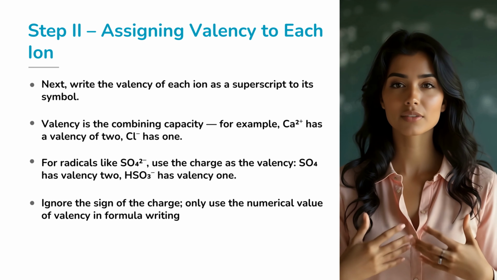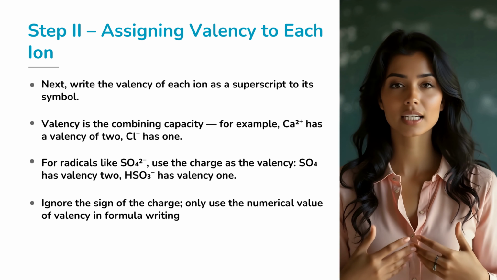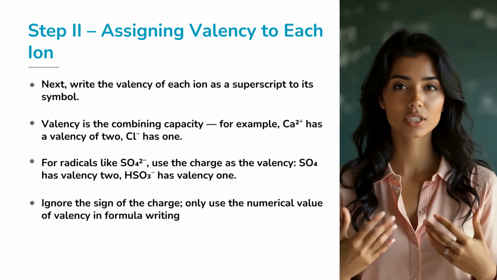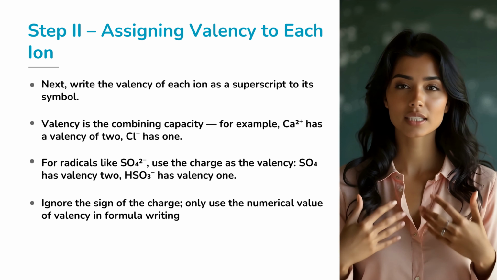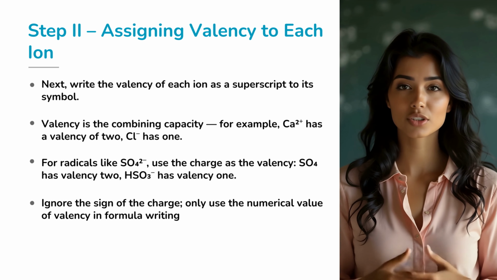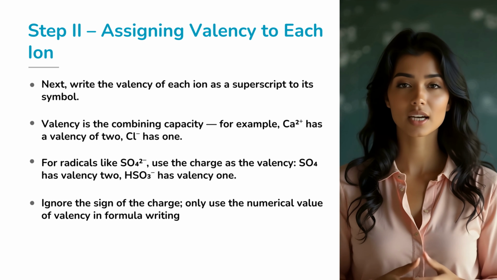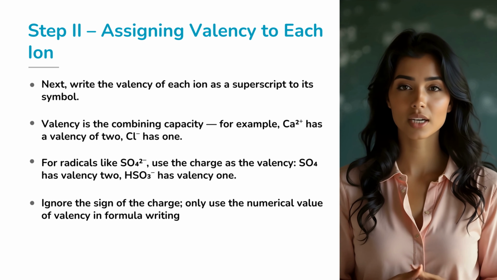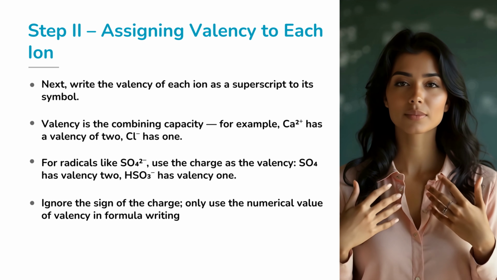Chromium is Cr with valency 3, written as Cr superscript 3. The radical HSO3 has a valency of 1, written as HSO3 superscript 1. These values will be used in the next step to determine how many ions combine to form a neutral compound.